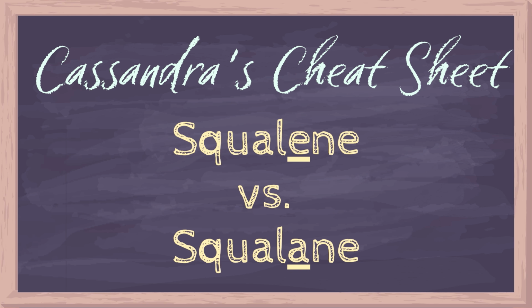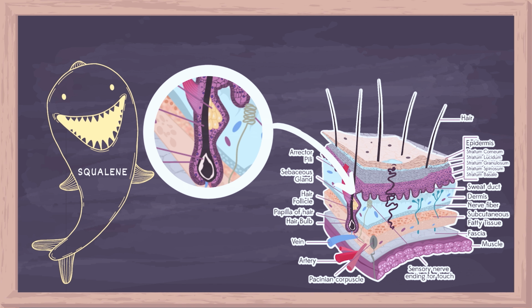I want to leave you with a little trick to remember this. Remember that squalane is the hydrogenated version of squalene that our skin naturally produces. So the way I want you to remember this is there is a squalene molecule. It looks like a little shark, and it is leaning up against your sebaceous gland, that oil gland in your skin. And when the squalene leans upon the sebaceous gland, it squirts squalene out onto your skin.